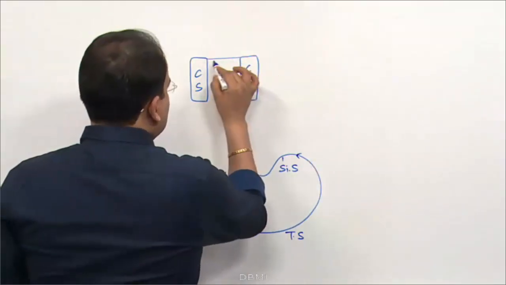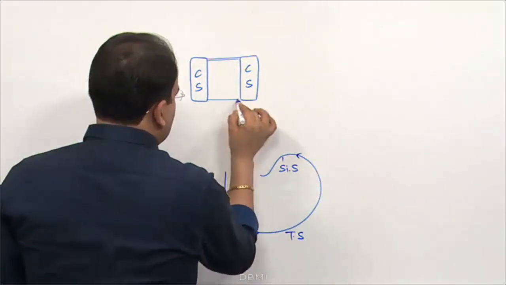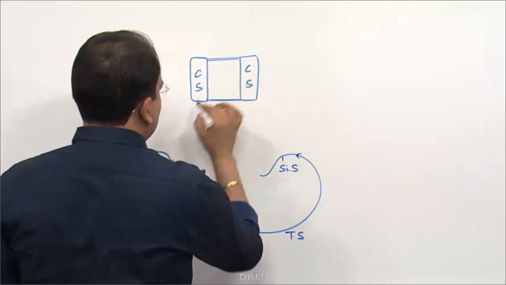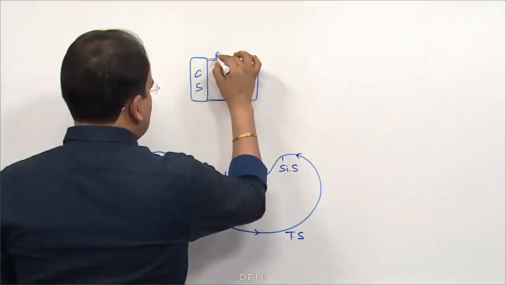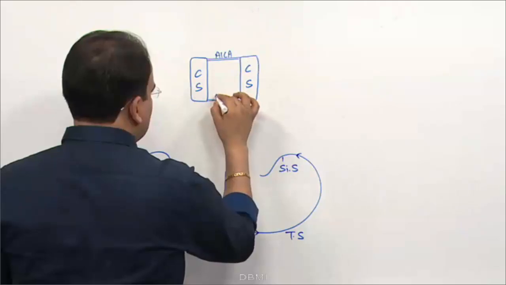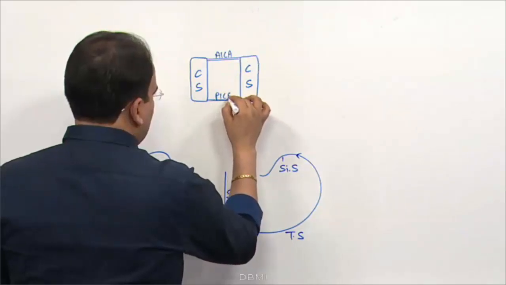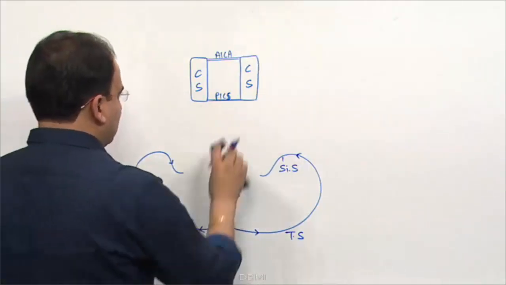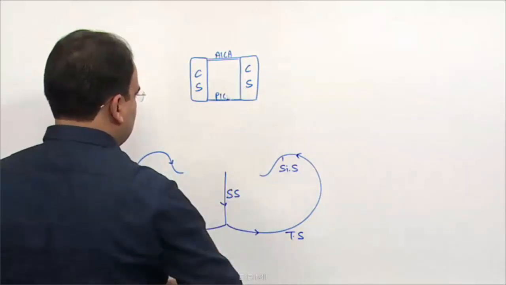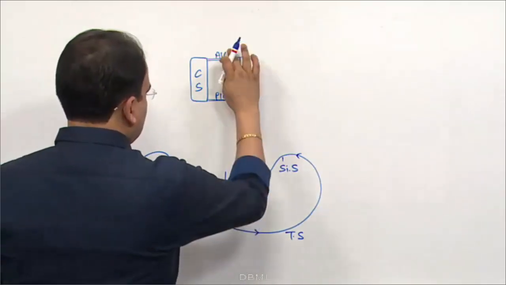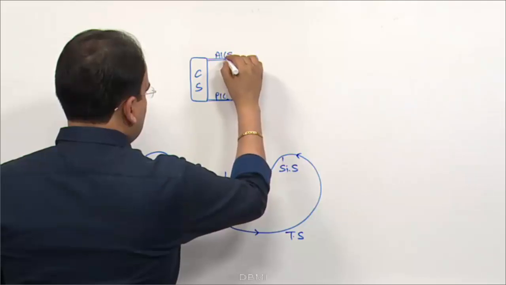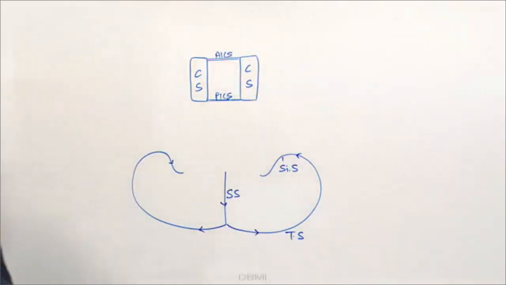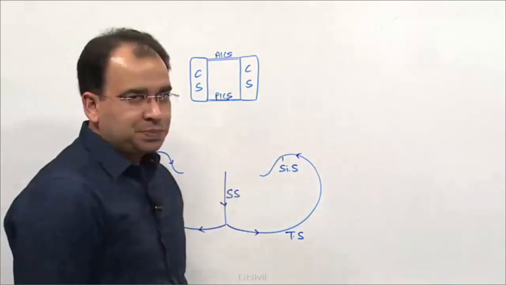Both cavernous sinuses communicate with each other by the anterior intercavernous sinus and the posterior intercavernous sinus. This is the anterior intercavernous sinus, and this is the posterior intercavernous sinus. So they are communicating with each other.